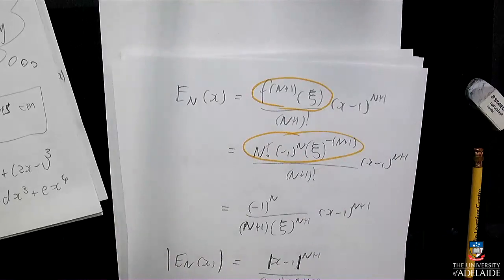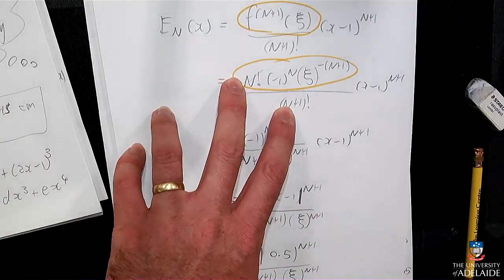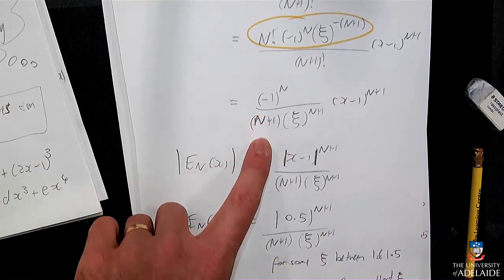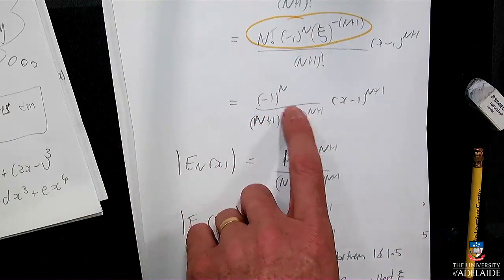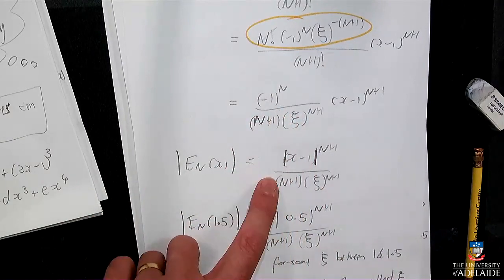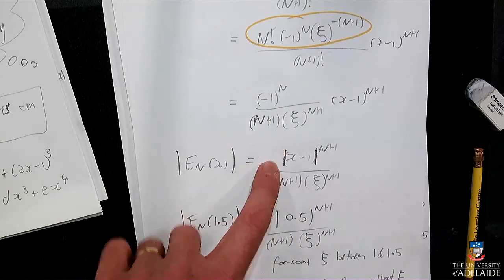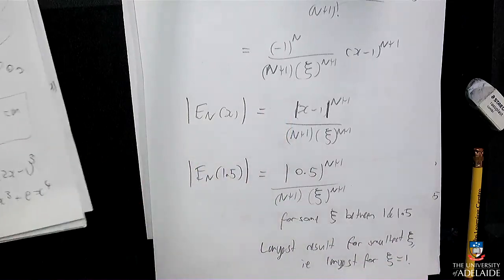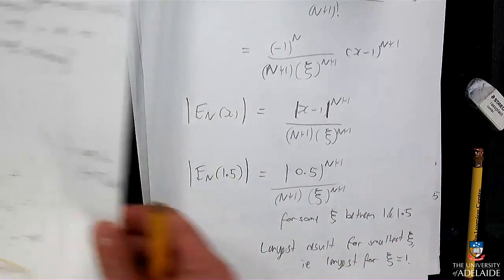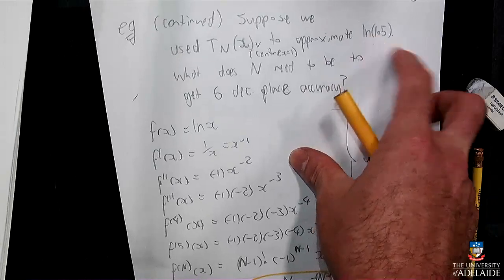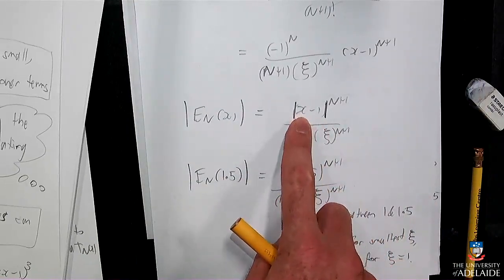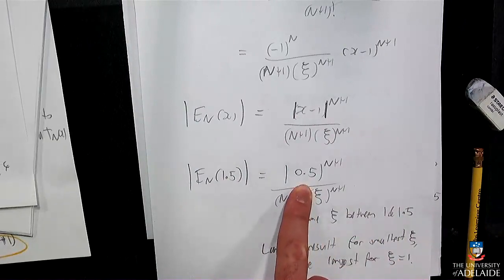And then I cancelled the n factorial and the n plus 1 factorial. And then I did the absolute value, which made the minus 1 go away. That was at this point here. And then because they asked in the very original question a couple of pages ago for 1.5, I substituted 1.5 into this formula just here. And 1.5 minus 1 is 0.5.